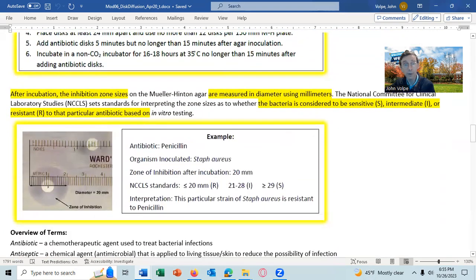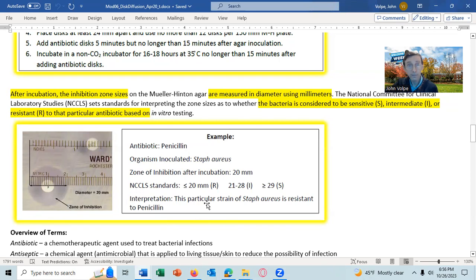So what you need to do is measure the diameter of the zone of inhibition, and you just take the ruler over it and then measure over the center of the disc, get the diameter, and you usually do 2, and then take the average diameter.